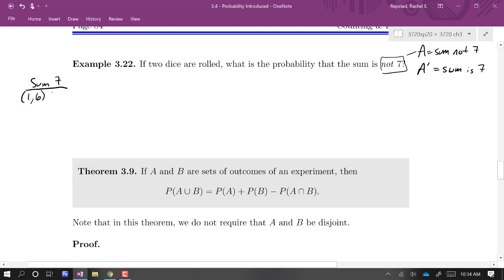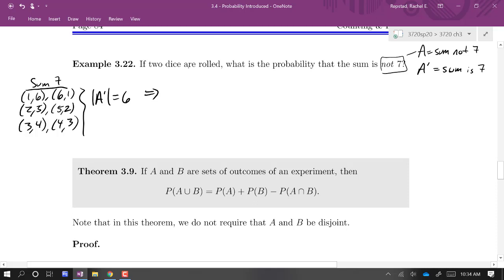I can get a 1 and a 6, or a 6 and a 1. I can get a 2 and a 5, or a 5 and a 2. I can get a 3 and a 4, or a 4 and a 3, and I'm pretty sure that's all of it. So the size of A complement is 6.